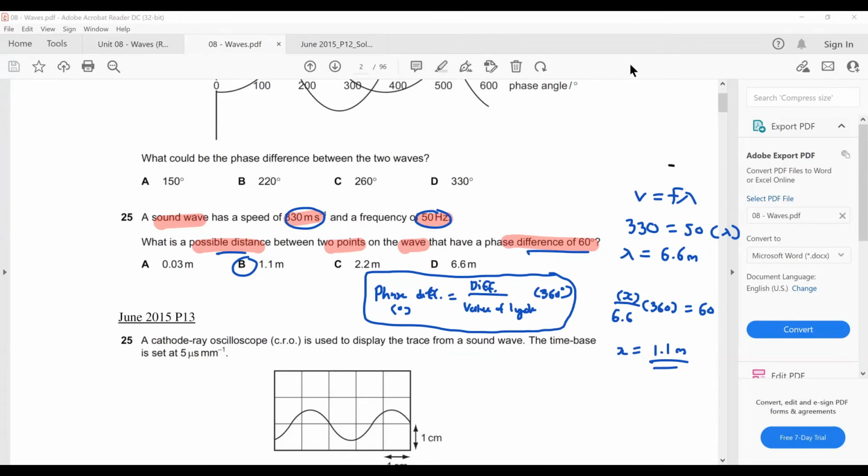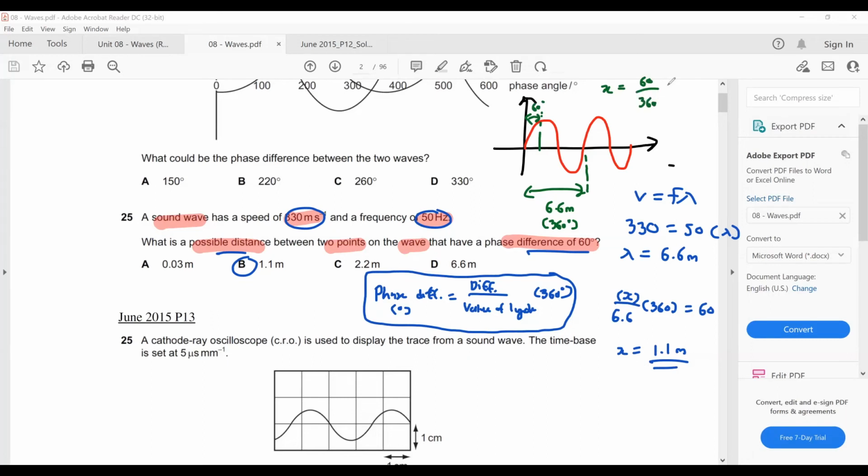You could also look at it in terms of a graph. A full wave is 6.6 meters, and this represents 360 degrees. So if you have a phase difference of 60 degrees, the distance would be 60 over 360 times 6.6, giving you 1.1 meter.